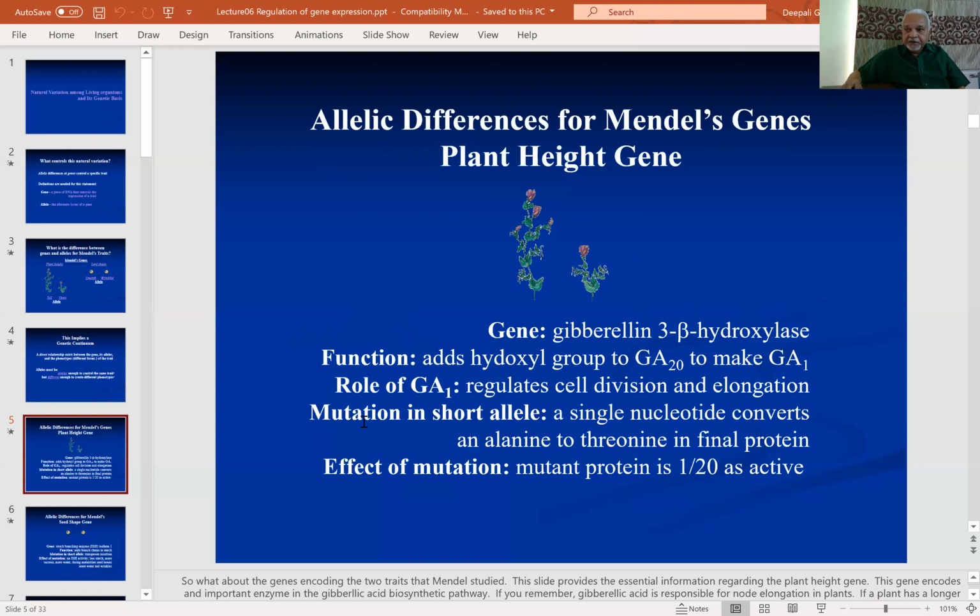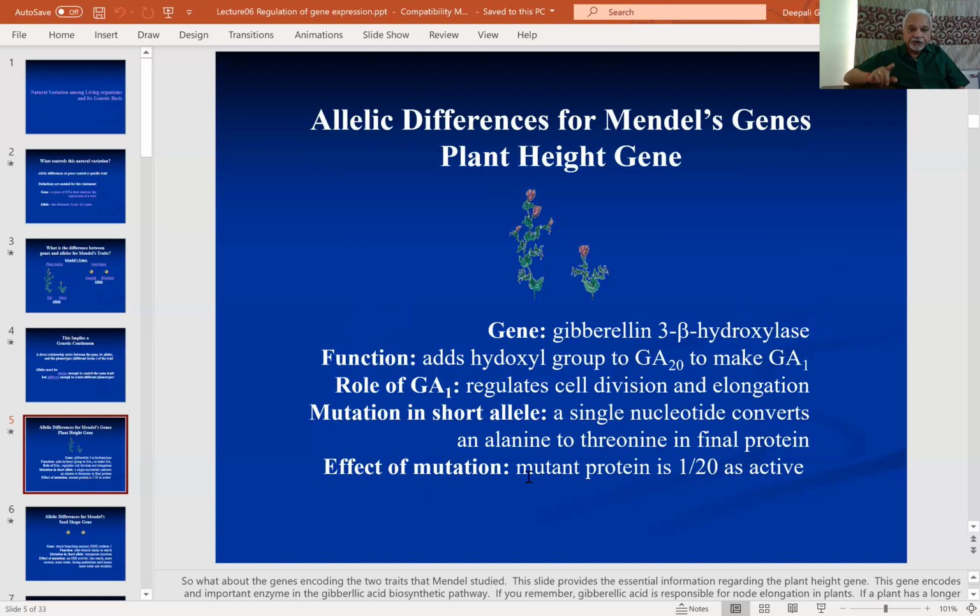And if there is a mutation in this gene, and very specifically, if an alanine amino acid is converted to threonine in the final protein, then this enzyme loses its function, and you have a mutant protein generated, which is 1 by 20th as active as the original one, that is the wild type.